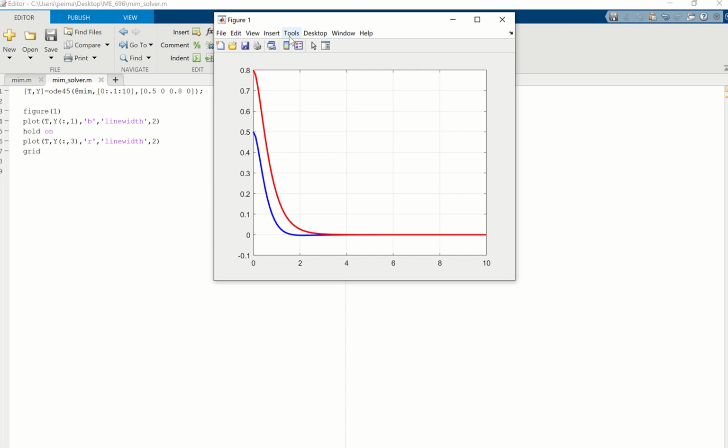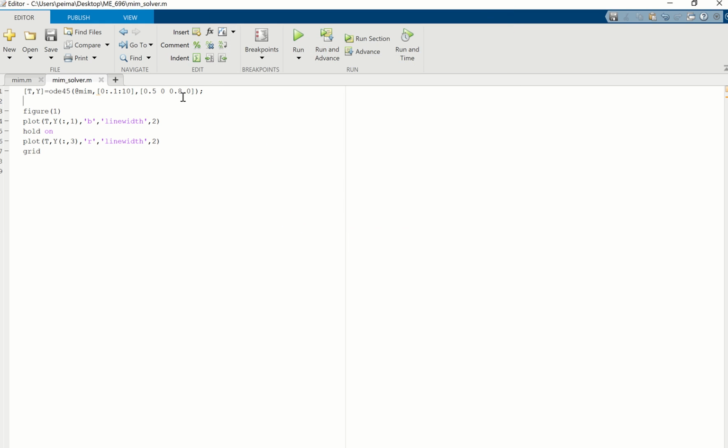If I do that, you see that for this MIMO system, if I release from the non-zero 0.5 and 0.8, our controller works and brings our system back to the origin. You see it gets back at 4 seconds, so let me make it bigger, huh? It is for 4 seconds.